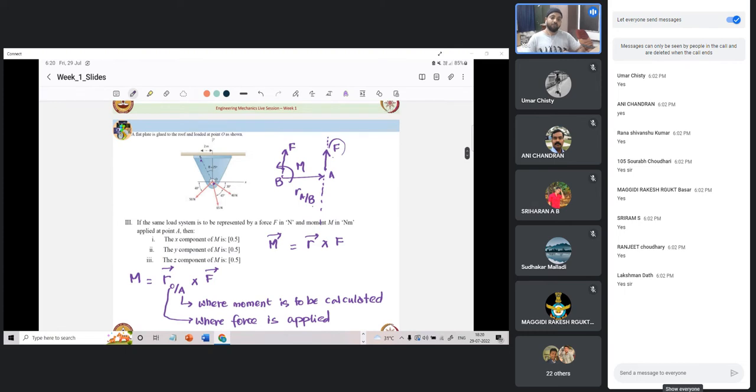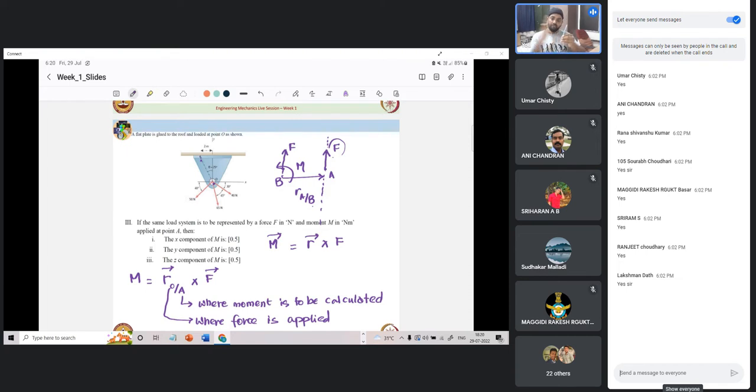Basically, we have a force applied at one point. In order to shift that to another point, it has to be compensated because it has to have the same external effects. We cannot do it simply by changing the position because force is a sliding vector. It can only slide along its line of action.